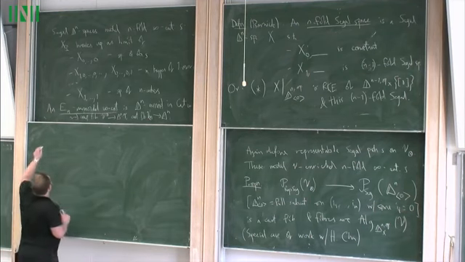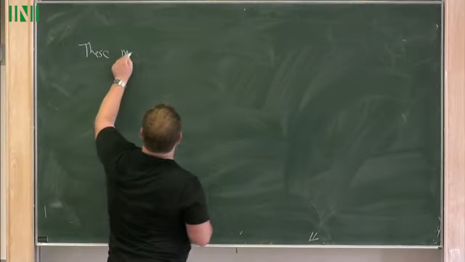Right, so these n-fold Siegel spaces now model infinity n categories.